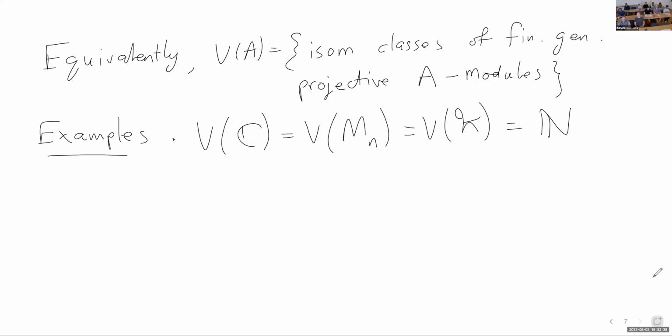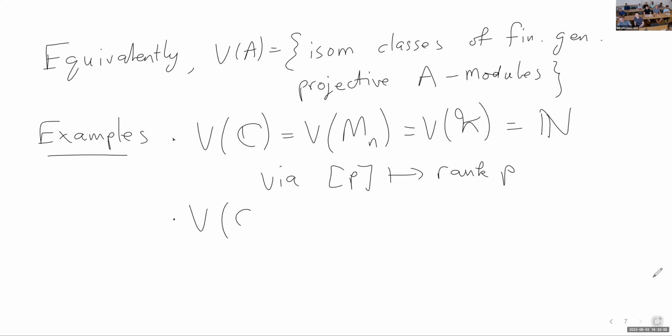Let's say 0 is a natural number. So this is just by sending a projection to its rank. Two matrices that are projections are equivalent in any of these notions precisely when they have the same rank. So this is an isomorphism onto the natural numbers.